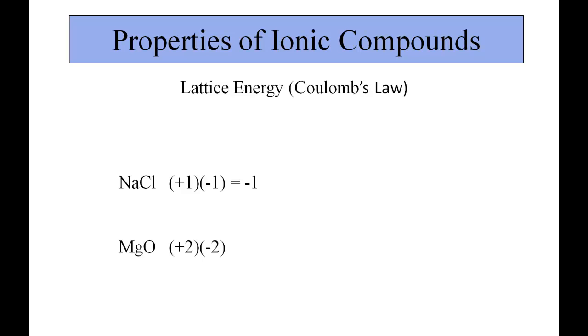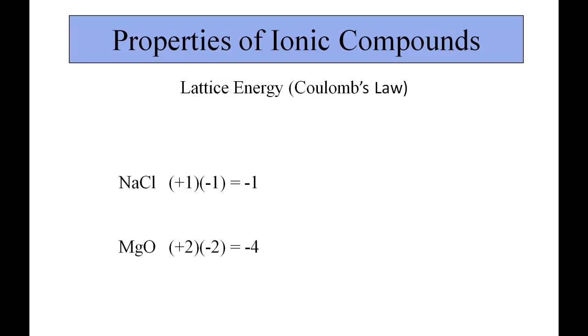Magnesium and oxygen, if you write down their charges, magnesium has a +2, oxygen has a -2. If you multiply those together, you get -4. In order to determine which one has the larger lattice energy, you take the largest negative number. A +2 will be way more attracted to a -2 than a +1 is attracted to a -1.